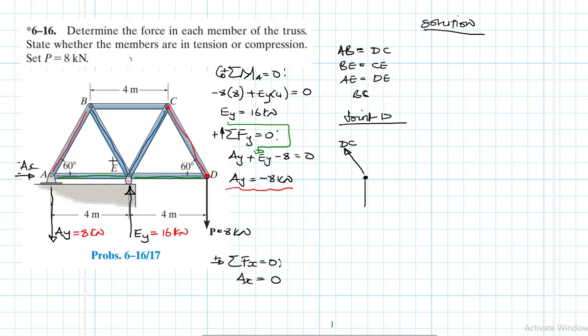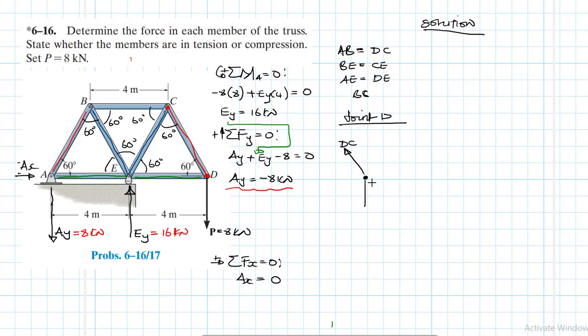If you apply your trigonometry here, you realize that all the internal angles are 60 degrees and all the members have the same length. So length BE is equal to 4 meters, length CE is equal to 4 meters, length CD is equal to 4 meters, and the length AB is equal to 4 meters.